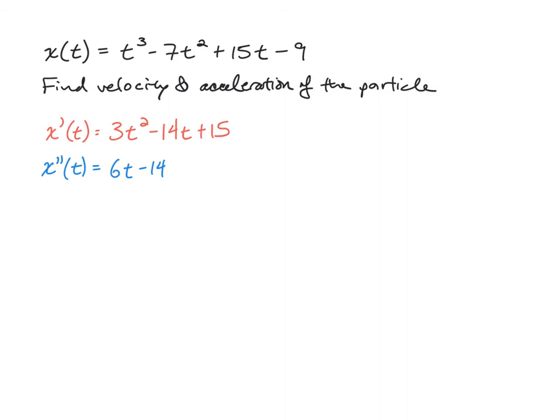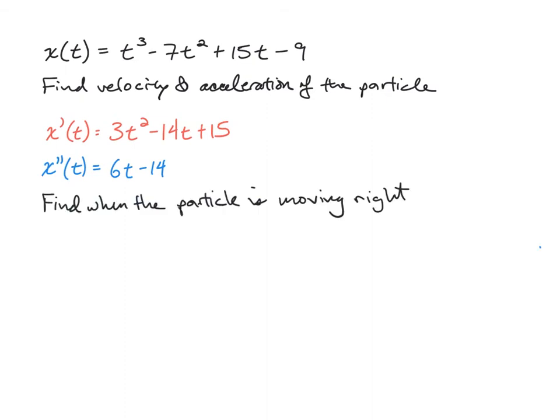But then we have a second part that you can't see yet. Here it is, find when, important word here, the particle is moving right. And that just means we're trying to find out where the first derivative is positive.